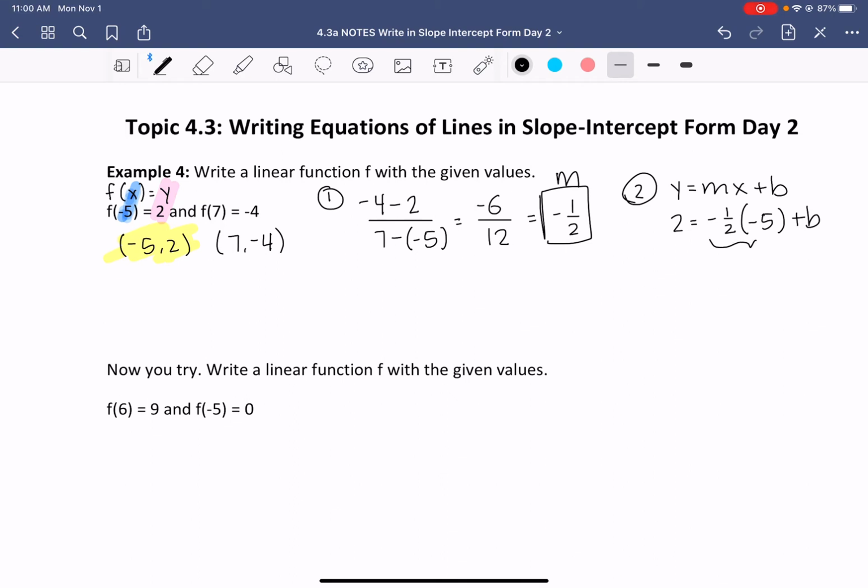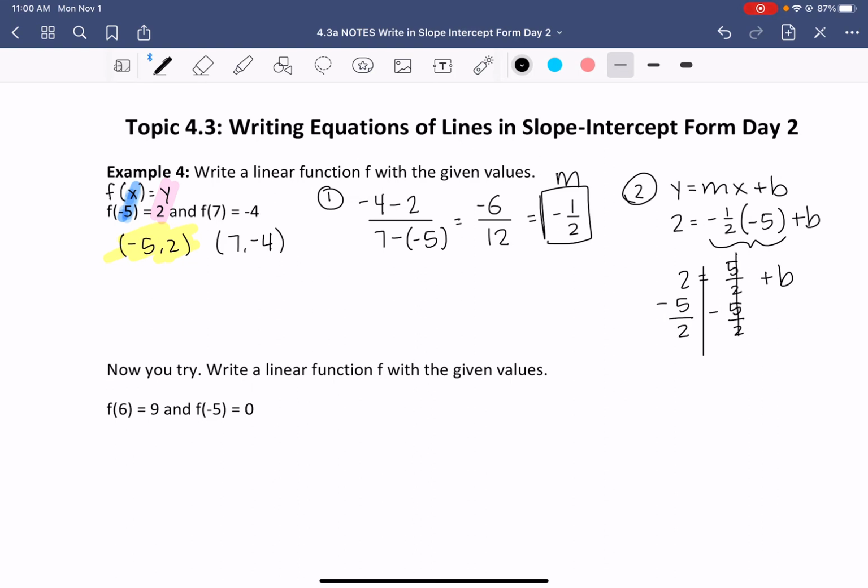So we're going to multiply our -1/2 and -5, which will get us +5/2 plus b. And then we're going to subtract our 5/2.